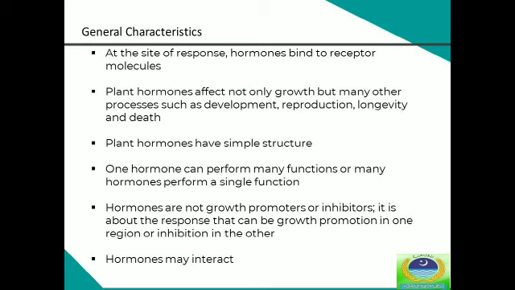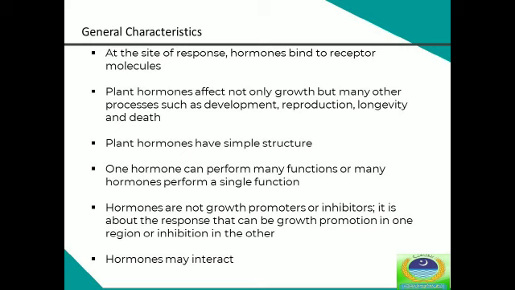It is about the response that can be growth promotion in one region or inhibition in the other region. For example, auxin is thought to be a growth hormone. However, it promotes growth of the apical buds, but at the same time it's also an inhibitor for the lateral buds, that is the phenomenon of apical dominance.